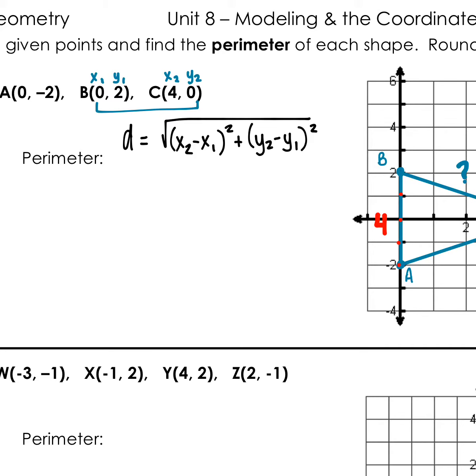So we're going to substitute what we know. We've got 4 minus 0 and 0 minus 2.